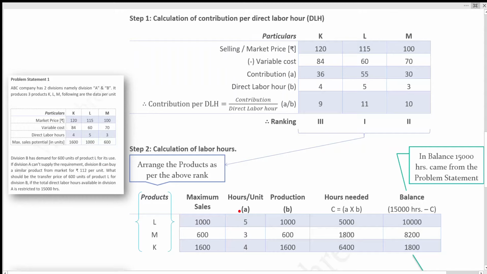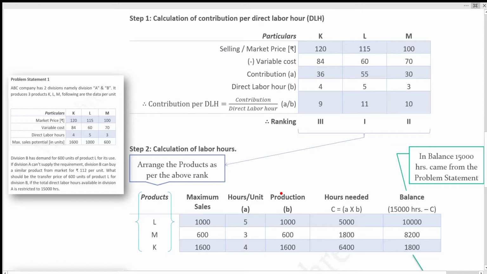In a similar way, the direct labor hour per unit is also given in the question. For product L, it is 5. For product M, that is 3. And for K, it is 4.